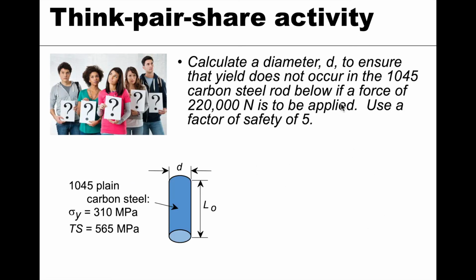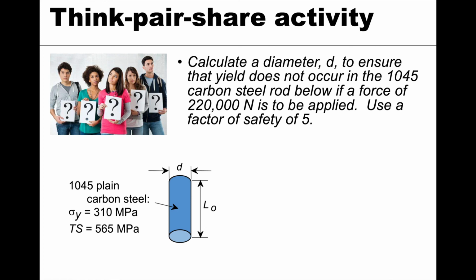What that's saying is that if we want to apply this level of force to this part, and we're going to have a safety factor of 5, and this is going to be made out of 1045 steel, which has a yield strength of this, then our material has to have a diameter of at least 6.7 centimeters, based on our calculation, for it to withstand those design parameters. So it has to be 6.7 centimeters or greater to sustain that.